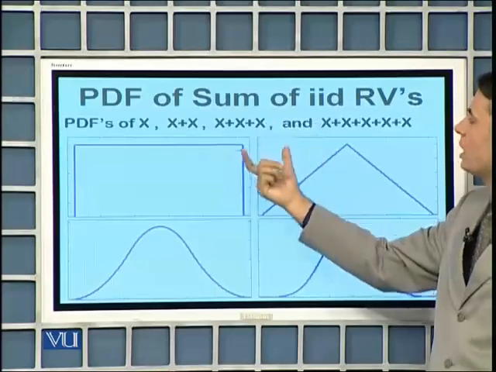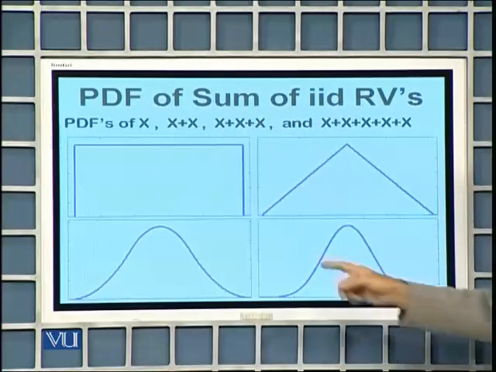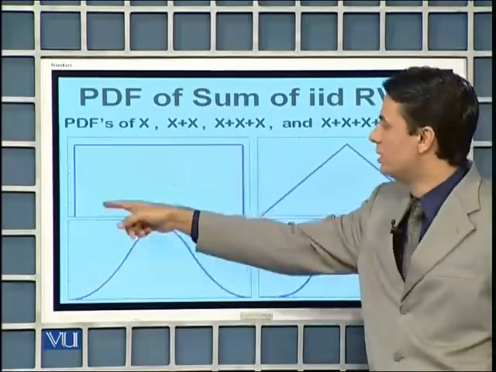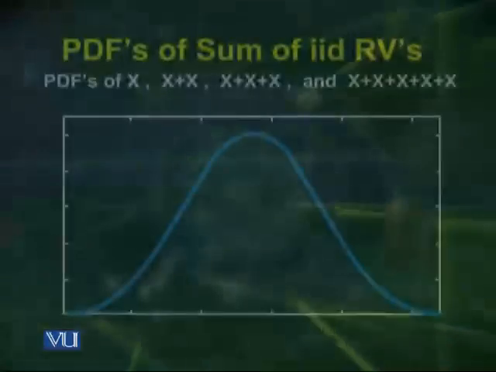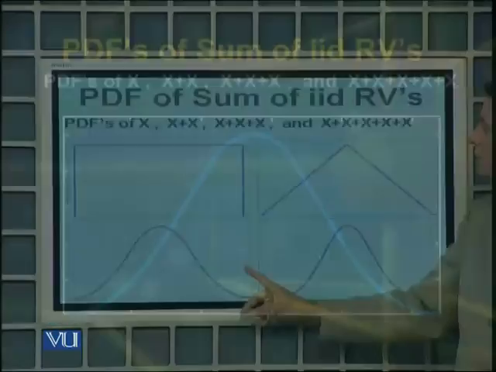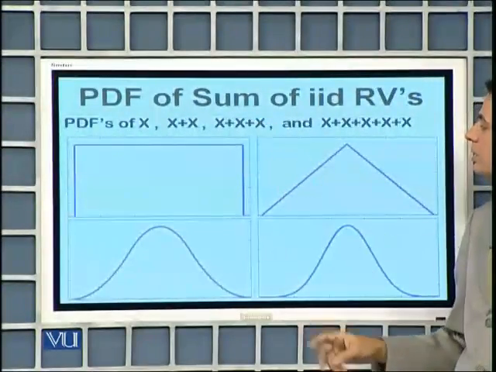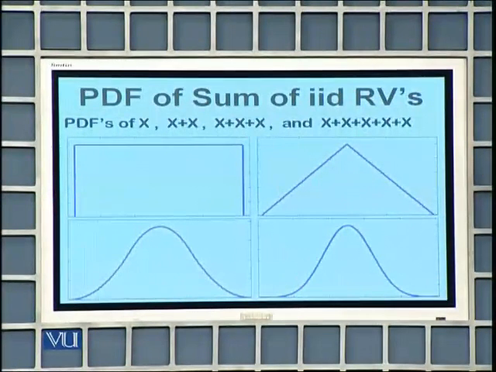And if you take three such independent random variables, then z is equal to x plus x plus x, the sum of three identical independent random variables, all of them having this PDF. The result is this. This PDF is a polynomial of second degree, and this represents the PDF of the sum of three identically distributed independent random variables.